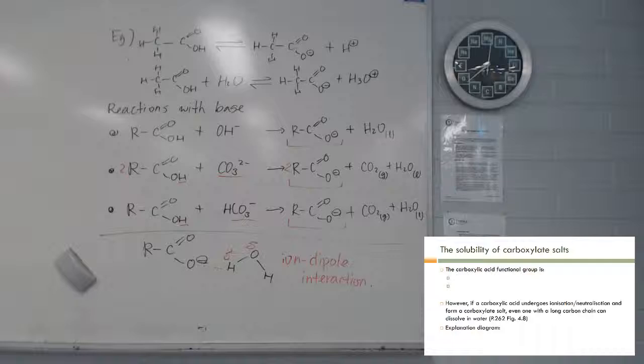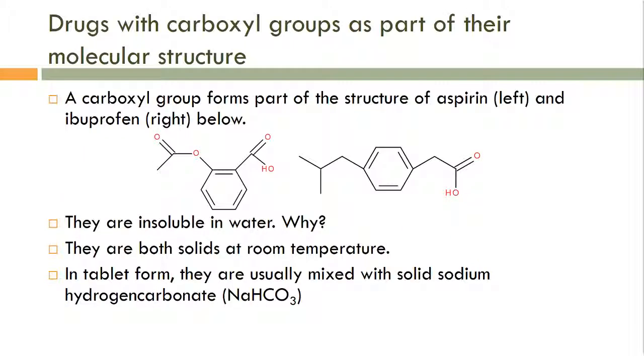Yeah, we just said the carboxylic acid would not be soluble if there were more than 6 carbon. But if they were made into salt, they can dissolve into water. Okay? Few more slides.